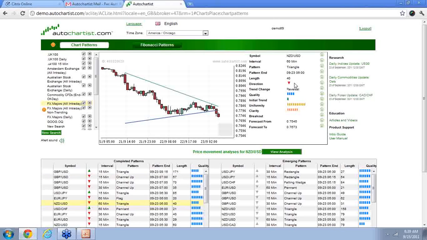Okay? And then finally we have trend change here, and this represents reversal and continuation. There's only two things that can happen. And how this works is that if the trend was up, you could see there's a slight uptrend in the beginning of this pattern, and the market breaks through support, then it's a reversal pattern.